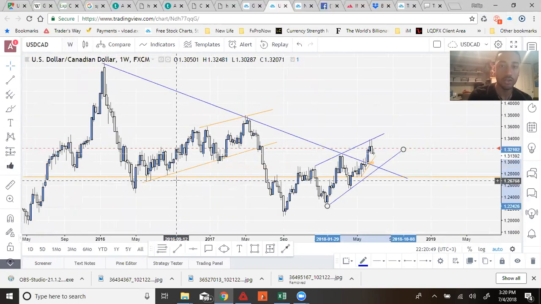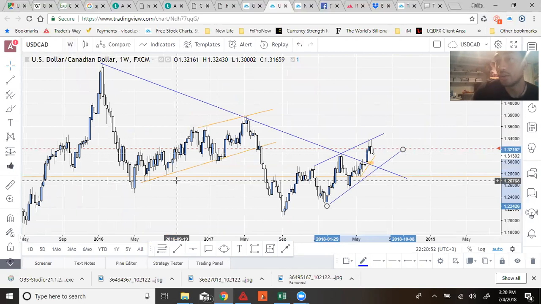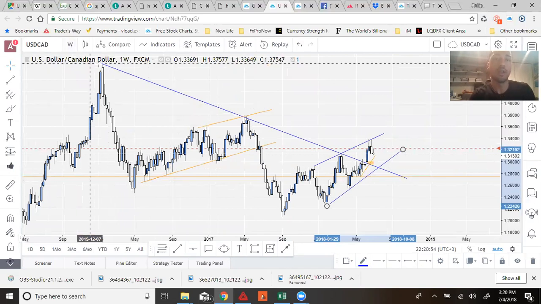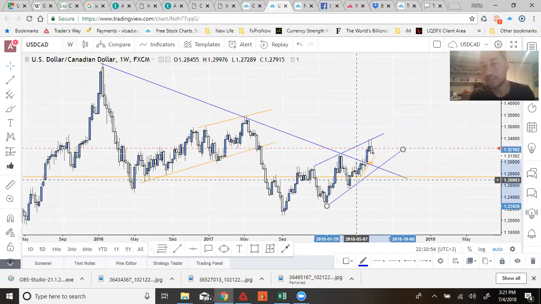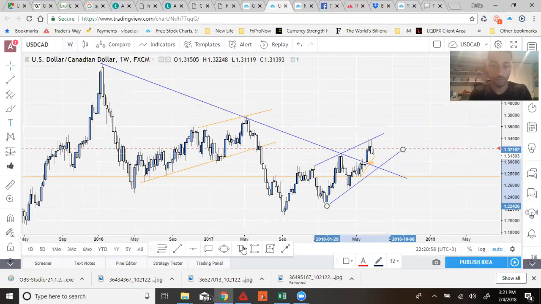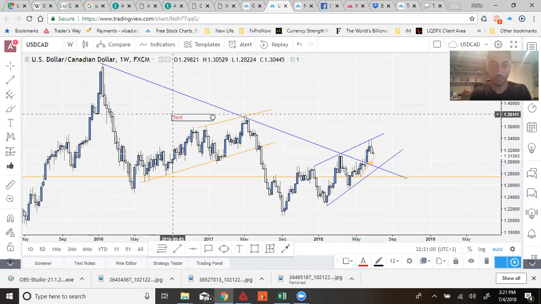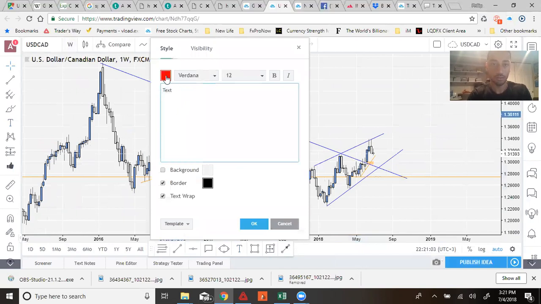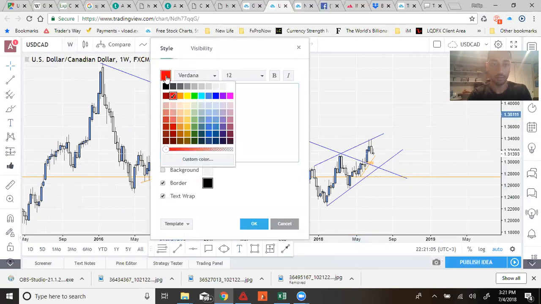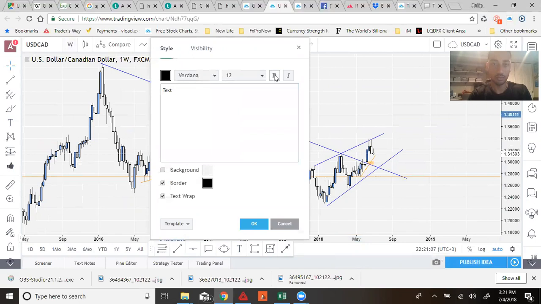Trend lines show you the buy zone and the sell zones. So under this trend line is the sell zone. Sell zone.